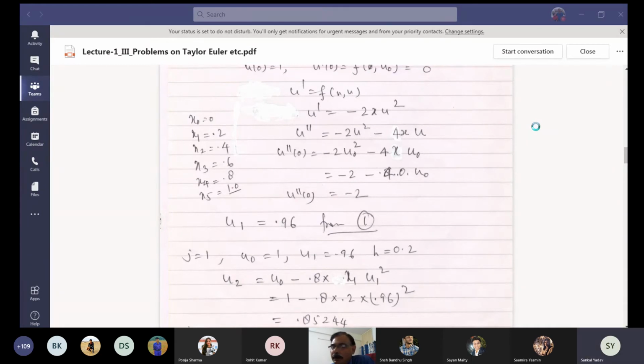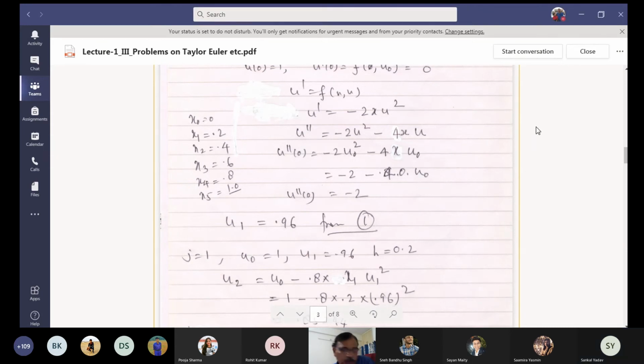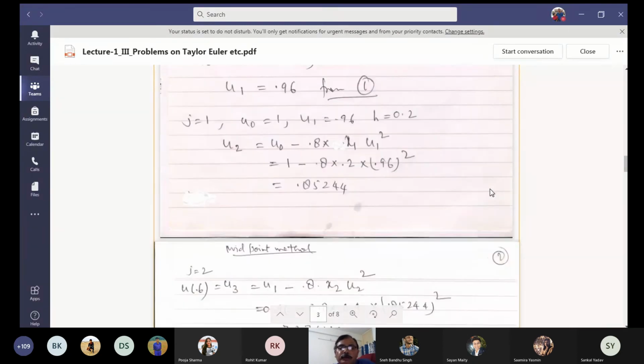You have taken u1 as what? u1 as 0.96. Okay, with that you have got u2 as 0.85244, it is coming. It is shown on this slide itself, all the calculations are shown here.